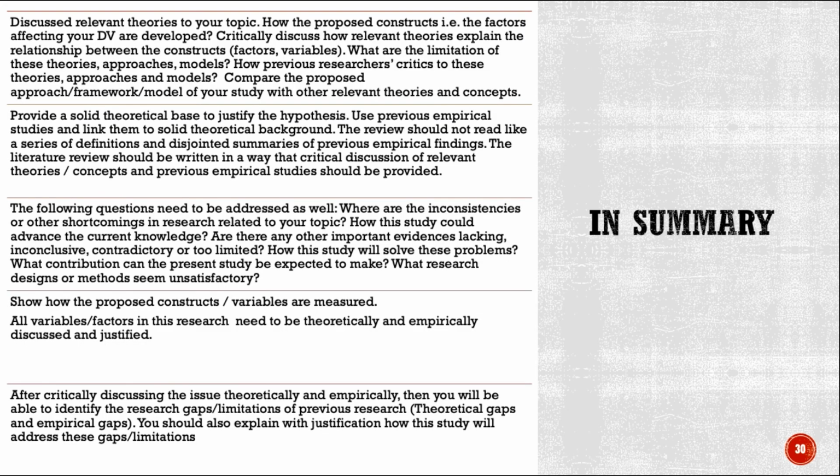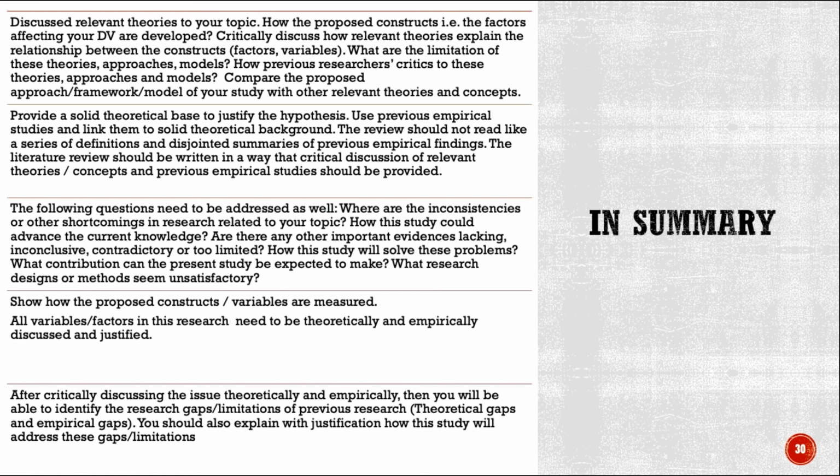So, now in summary, I want to summarize all of this. When you write a literature review, you have to make sure these 5 aspects or points are addressed in your literature review. First, you have discussed relevant theories on your topic.